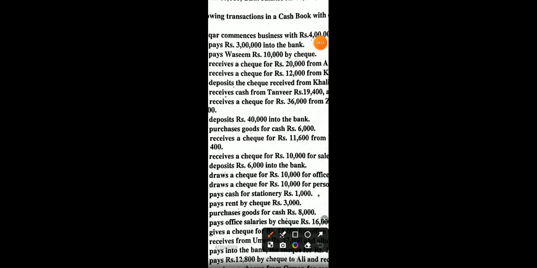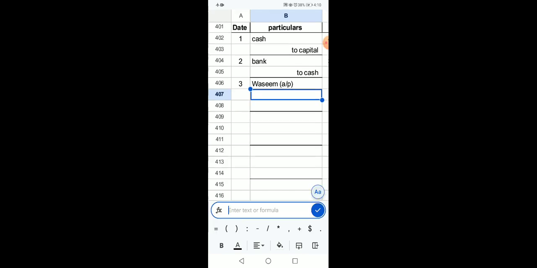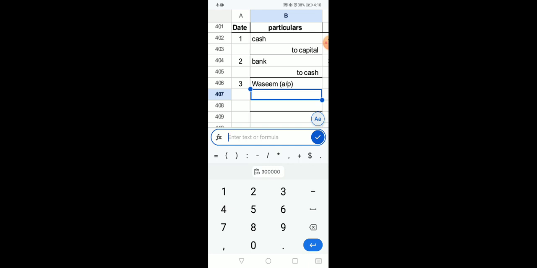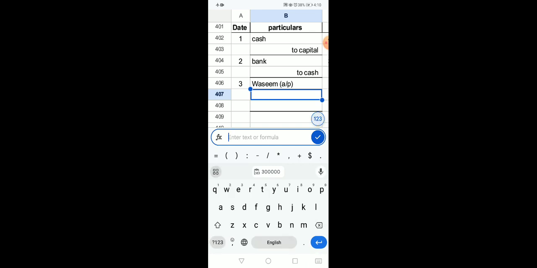And now we will see how we are paying in entry number 3: by check. You are paying Wasim by check. It means cash has not been paid, rather you have issued a check. When you give this check to Wasim, who is your account payable, he will present this check to your bank and the amount would be withdrawn from the bank. It means the amount present in the bank would be decreased. Bank is your asset, meaning asset is decreased.